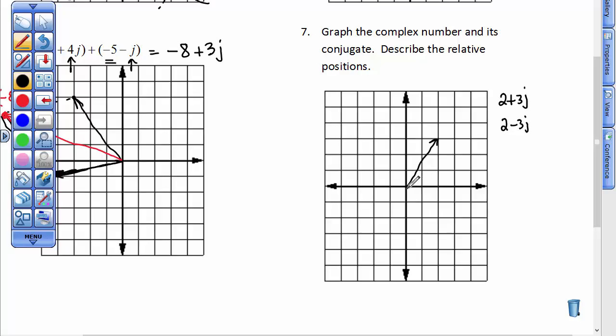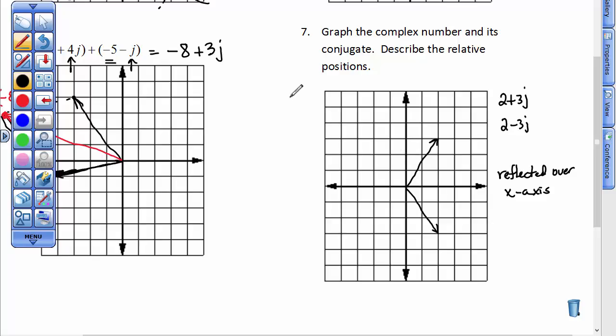The conjugate always changes the sign of the y value. So this original vector, when I drew its conjugate, it reflected over the x-axis. If I folded the paper on the x-axis, I would get that line to reproduce itself down here.